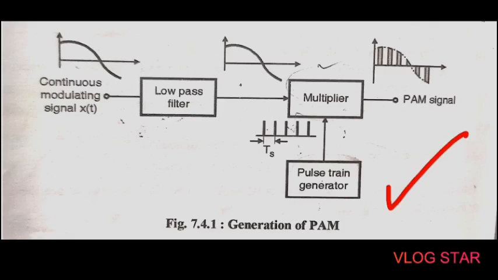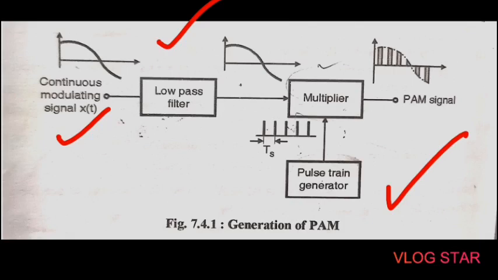Here the continuous modulating signal x(t) is present, which is passed through a low pass filter, and the low pass filter will band limit this signal to Fm. That means all the frequency components higher than the frequency Fm are removed. The band limiting is necessary to avoid the aliasing effect in the sampling process.